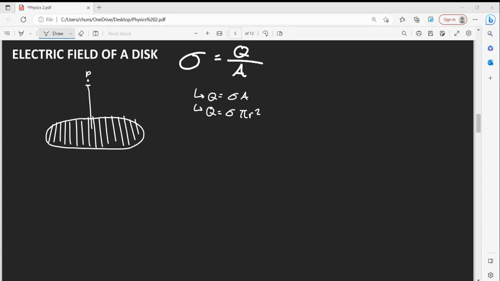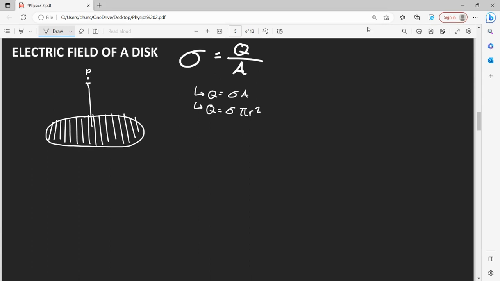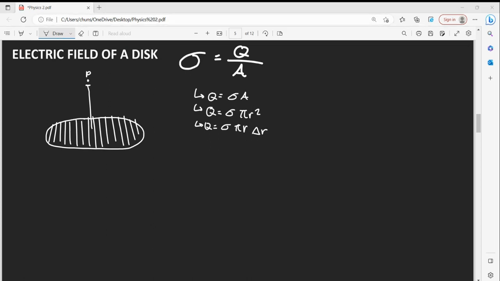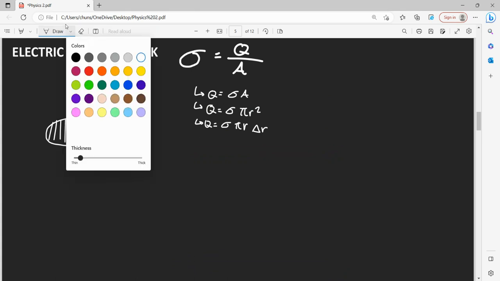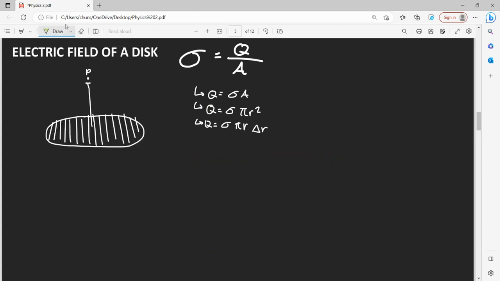And rather than writing r squared, we're going to use q equals density times r times change in r. Okay, so we're going to use the same geometrical process that we used for our ring. Same kind of deal, right? So this is z squared plus r squared.